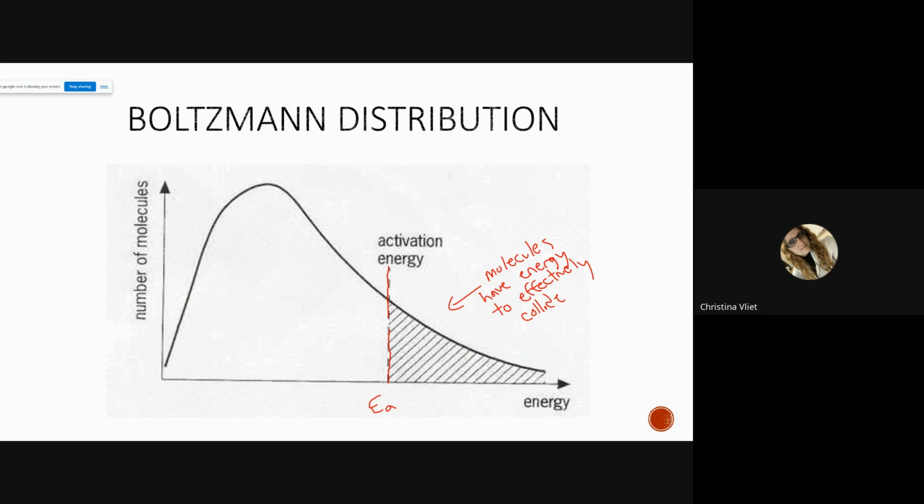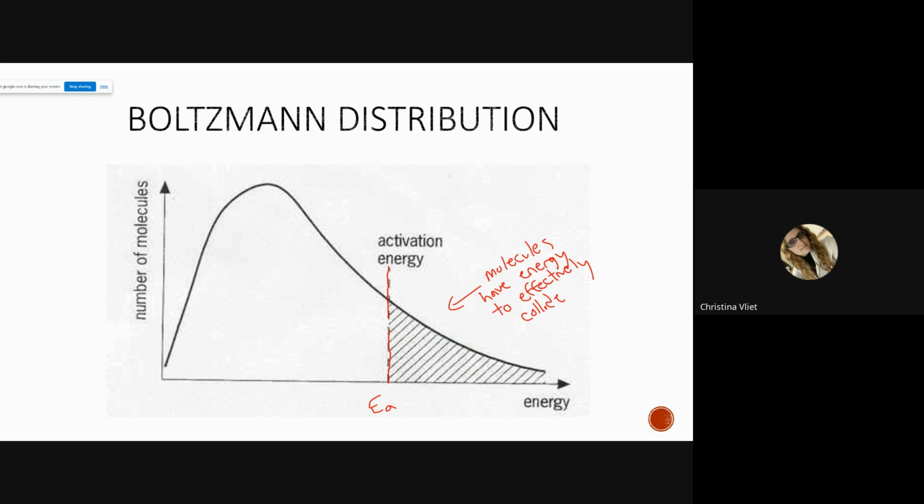I'm just here to tell you that these are actually linked ideas. The area under the curve is something called the integral. You will not have to calculate the area under the curve. But the idea that these are all your molecules, you should have an idea of that.